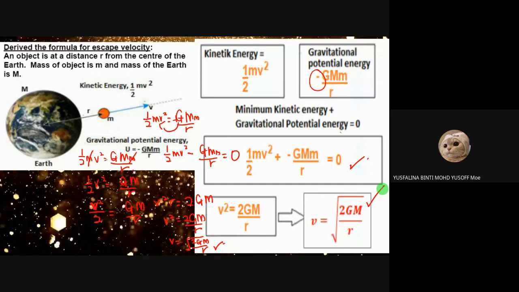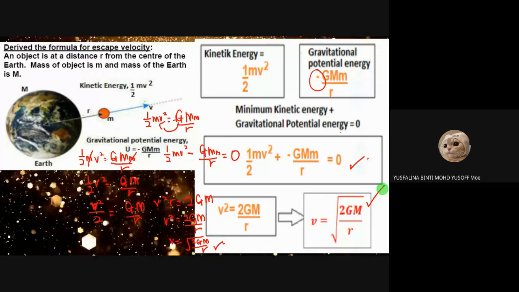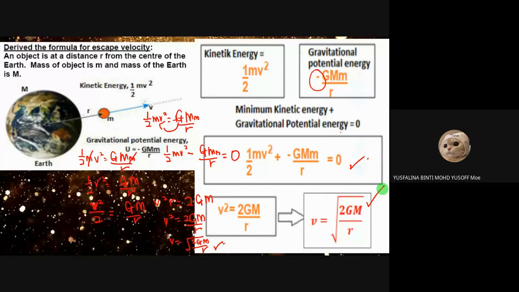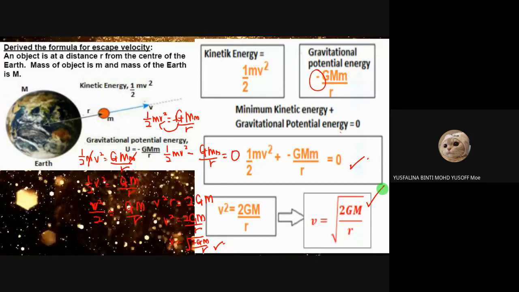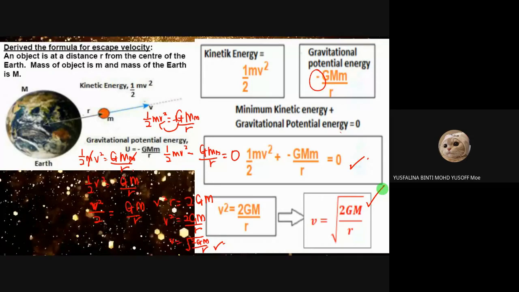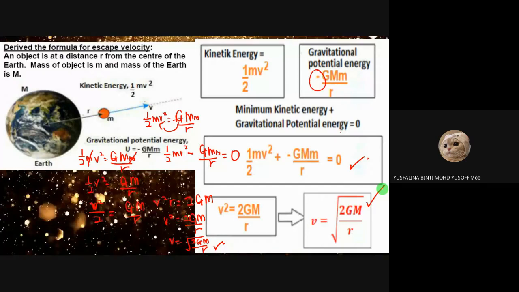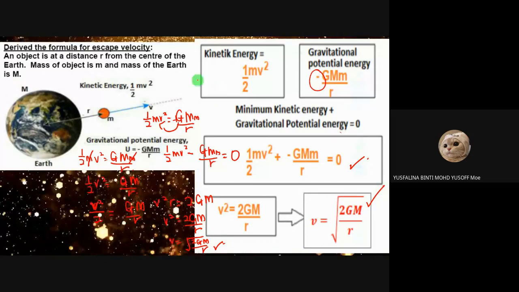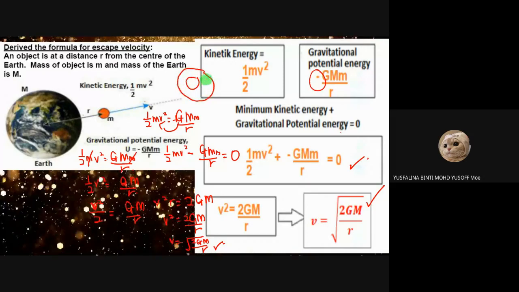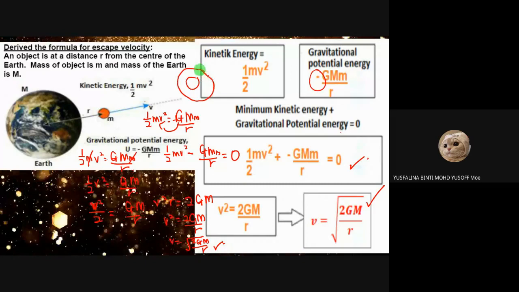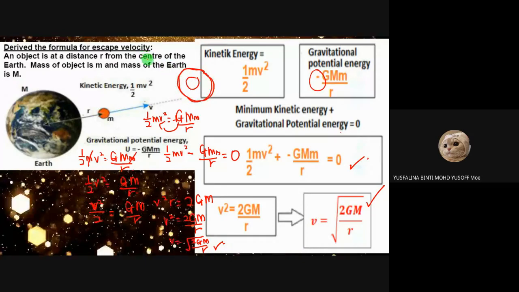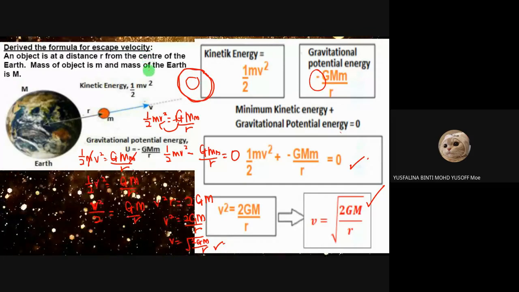Remember just now we also learned about the linear speed, right? Also v. That v is when the rocket or the spaceship or the satellite has already been launched. So what is the speed when it rotates in orbit? That one is the linear speed we used just now, to calculate the velocity when it is already orbiting the earth. For the escape velocity, it is still at the earth.